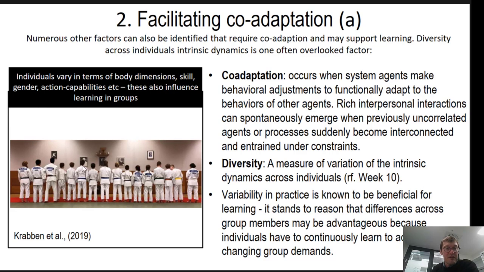And we can suppose that the black belts have a greater diversity of ways in which they can throw somebody compared to the beginners. And so particularly for the beginners, they benefit from that diversity because the experts can help draw the attention of the beginners, help them to learn those various strategies so that these beginners can start to increase the ways in which they can throw. So the greater the diversity of the group, the more the overall group can learn, essentially.